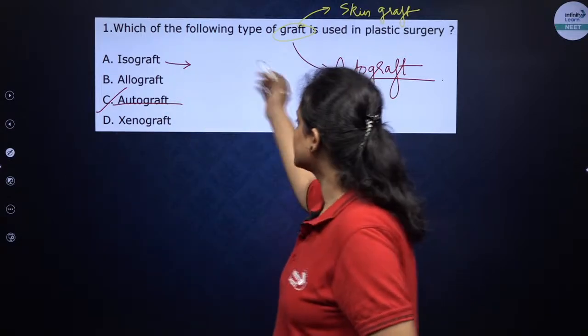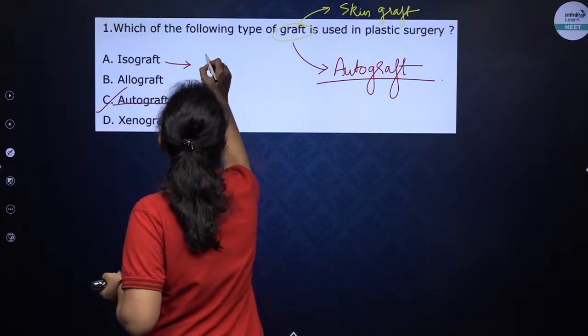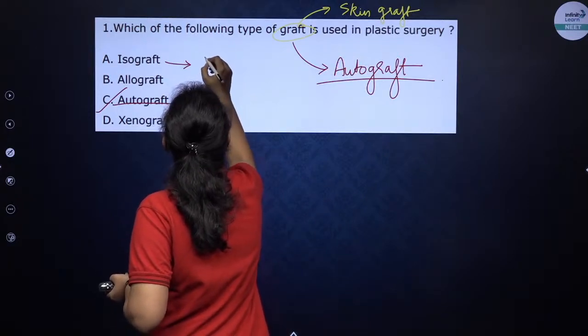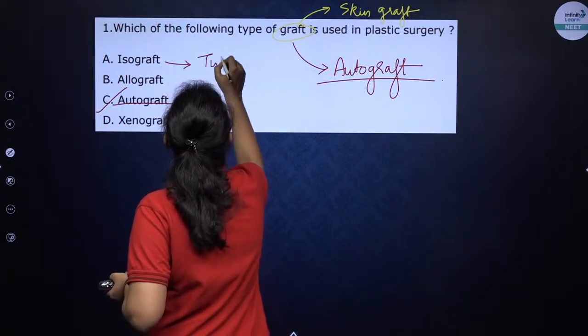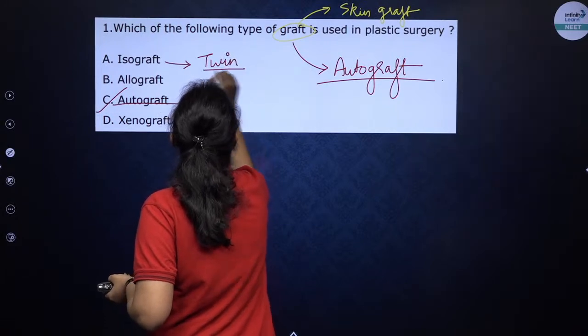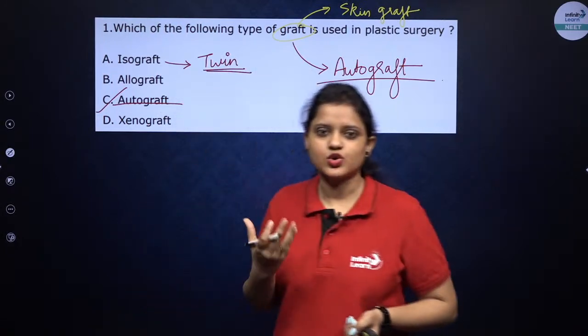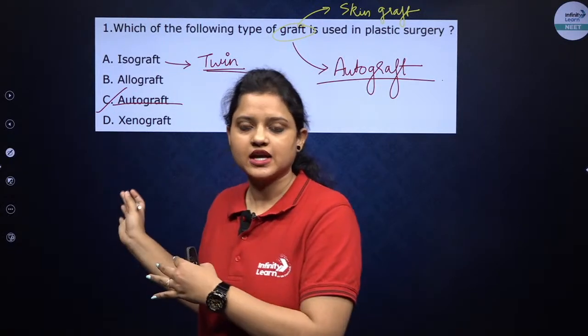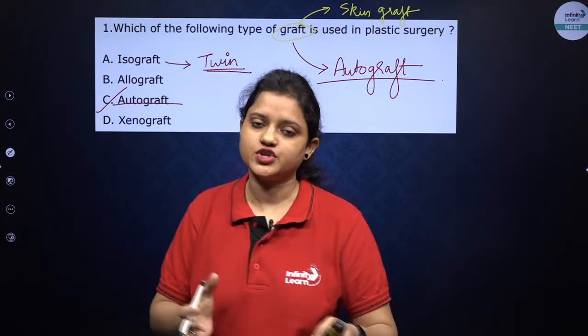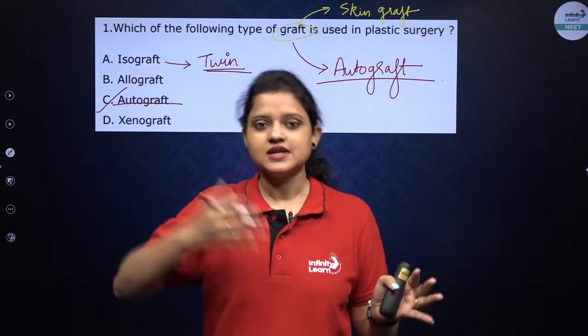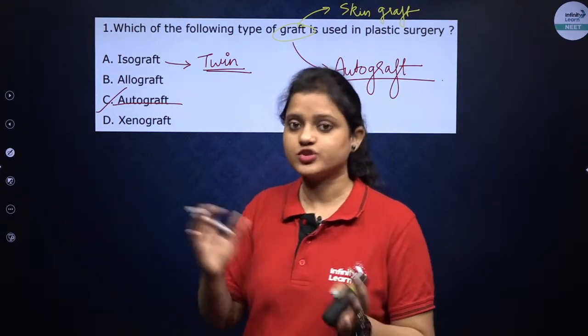So isograft is taken from individuals of the same species having the same genetic composition, almost the same.